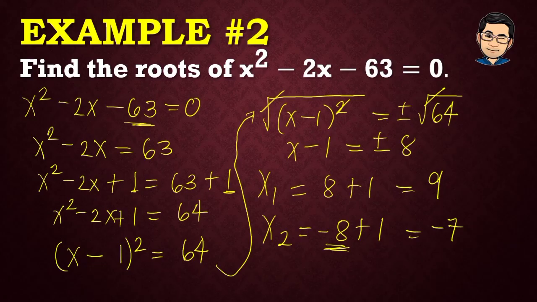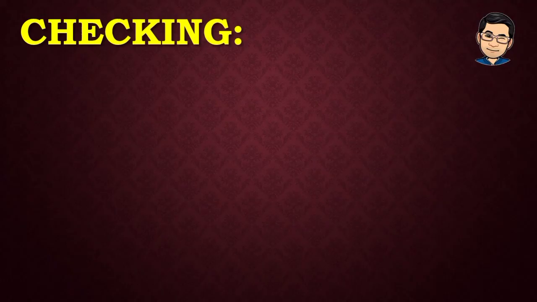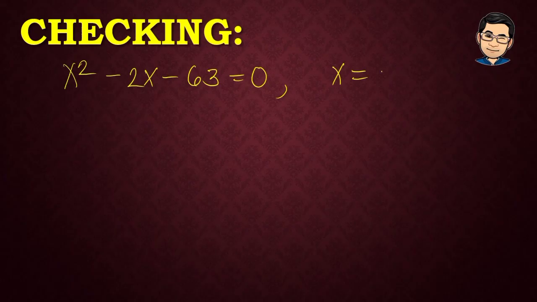Okay? And then, checking. So, sulat lang natin ulit yung given. X squared minus 2x minus 63 equals 0. And then yung nakuha nating roots, x equals 9, tsaka negative 7. So let's try x equals 9.